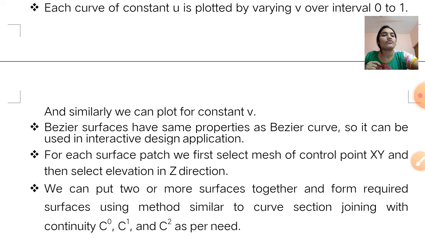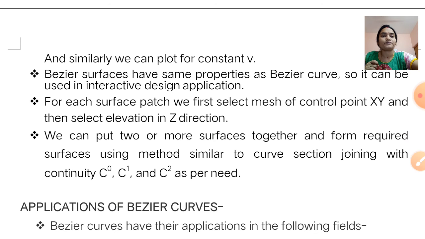For each surface patch, we first select the mesh of control points in xy and then select the elevation in the z direction. We can put two or more surfaces together and form the required surfaces using a method similar to curve sections, joining with continuity C0, C1 and C2 as per need.